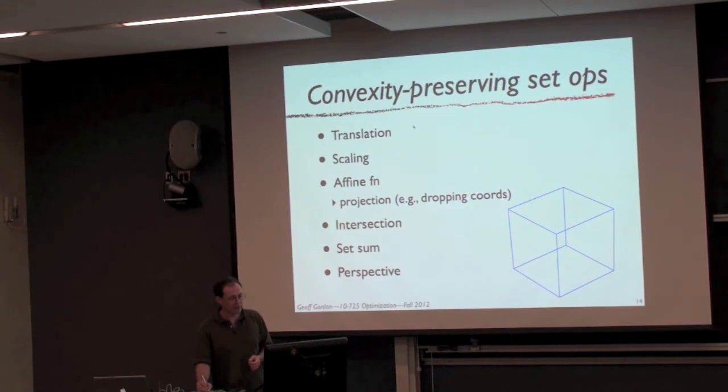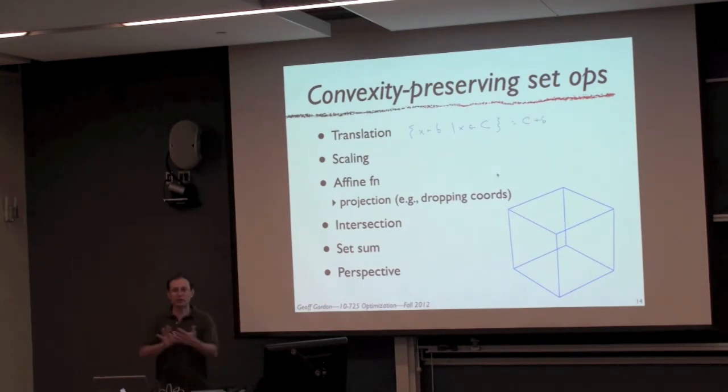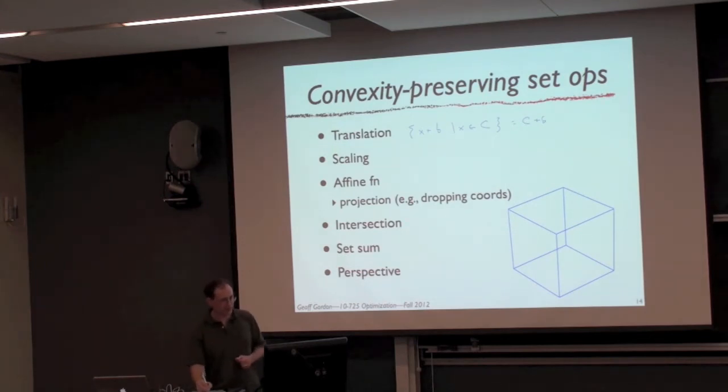So translation, x plus b for x in C, right? So we'll call this C plus b. So b is just some vector, and you shift the set around by that vector. Scaling, right?